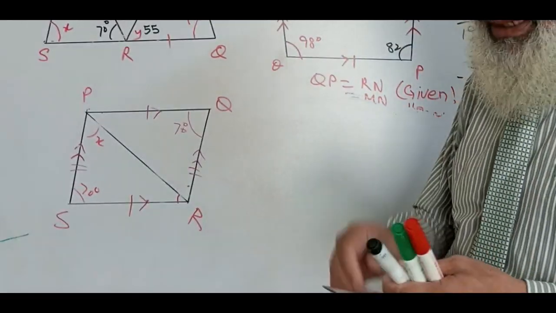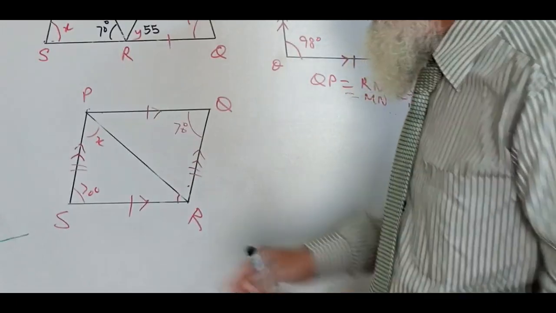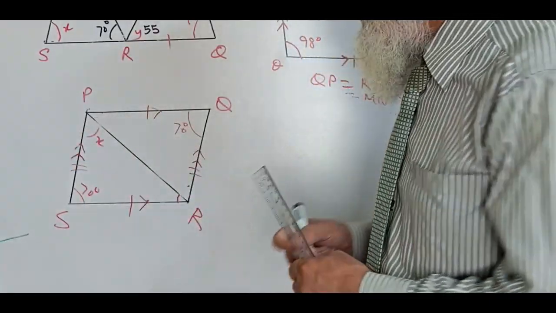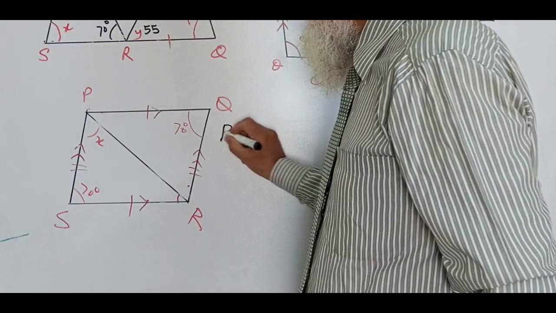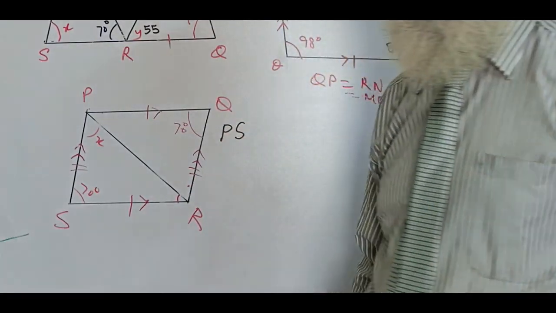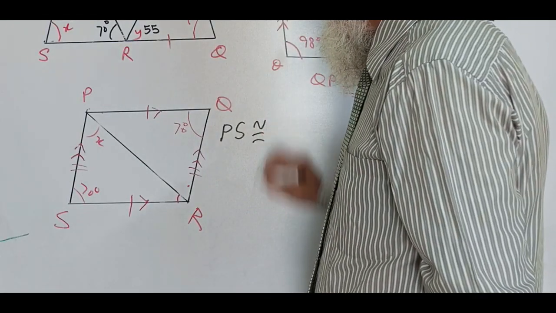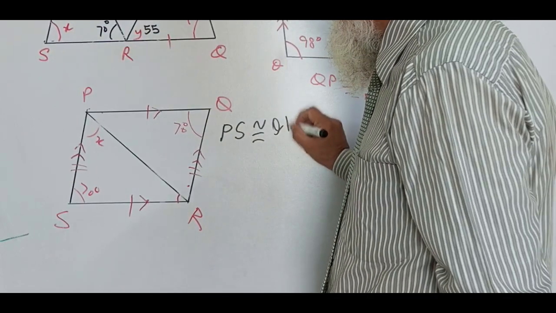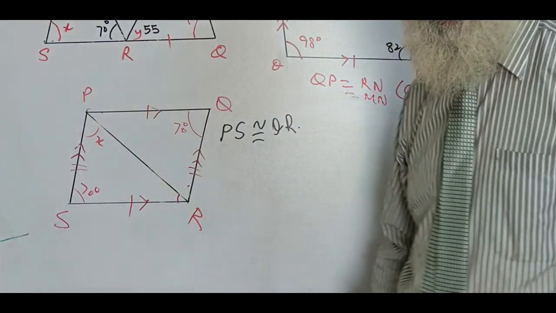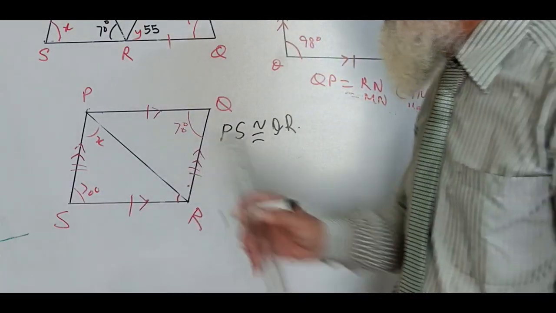Now, what we say when this type of situation occurs, we say that PS is congruent to QR.